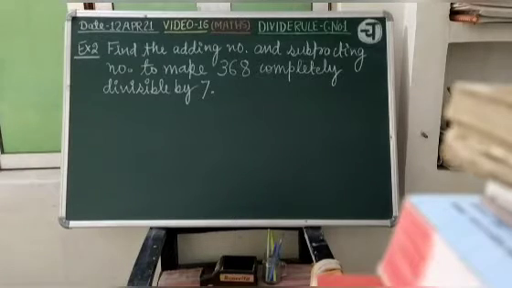Find the adding number and subtracting number to make 368 completely divisible by 7.